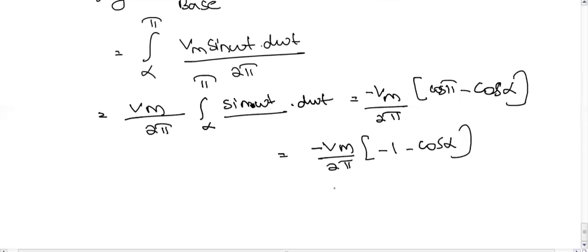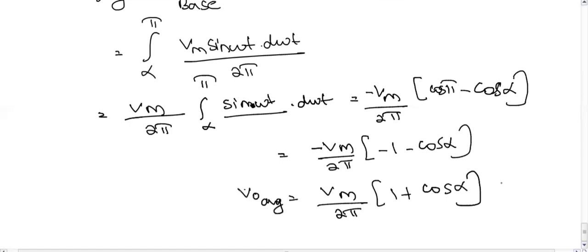We can take the minus outside, so it will be Vm by 2 pi into 1 plus cos alpha. So the average voltage in case of a single phase half wave controlled rectifier with R load is V output average equal to Vm by 2 pi into 1 plus cos alpha.